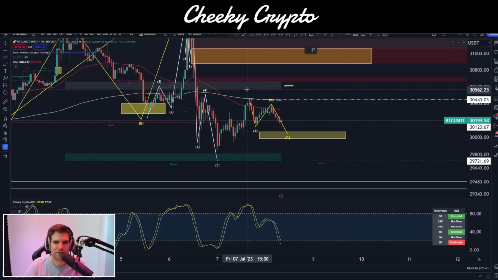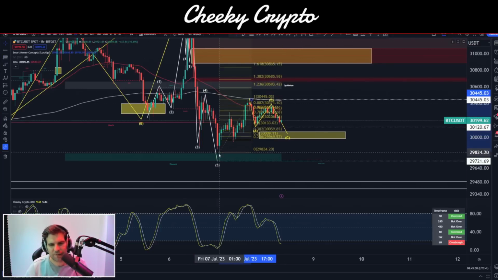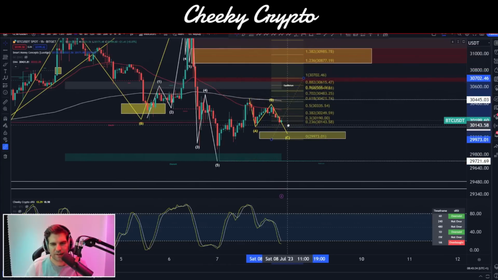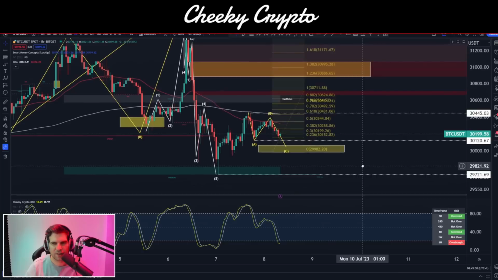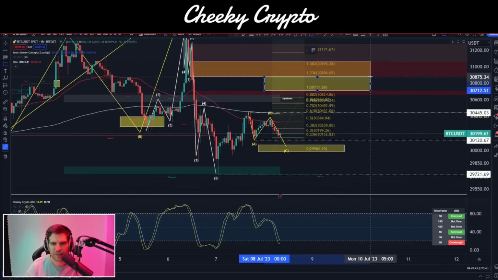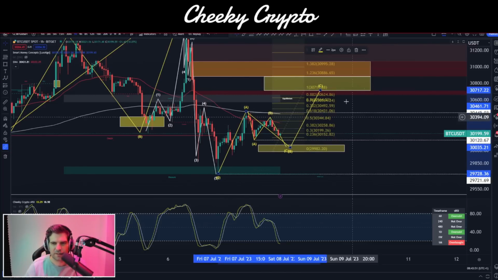Because I would look at this as a giant three-wave pattern, and if I bring that on there, let's assume we just have this low range to give ourselves a low target on the higher side of things. We would expect price to move up more towards this range at 30,711 and 30,886 under a three-wave pattern that would look like that. So we can move up into that range as such.